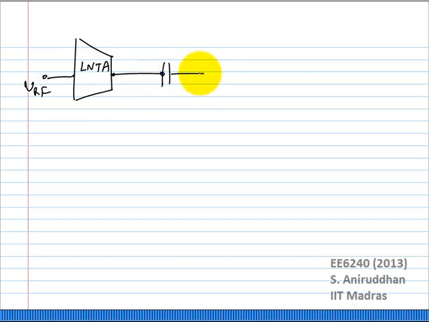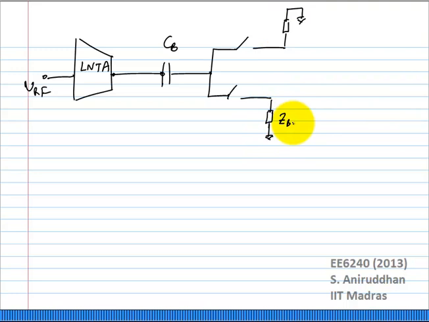Maybe you have a blocking capacitor to block out the DC, and then there is some baseband impedance connected at the output.